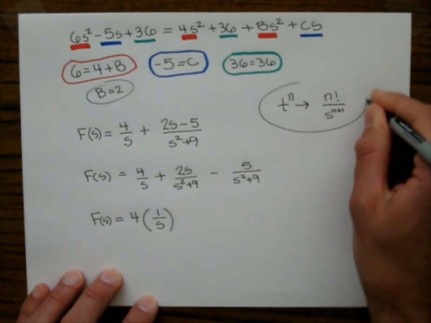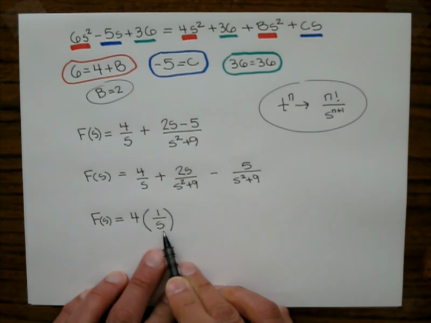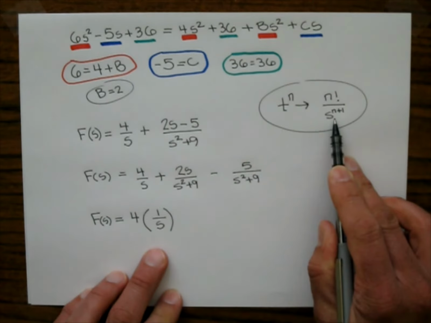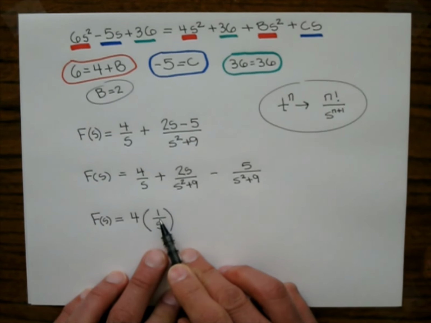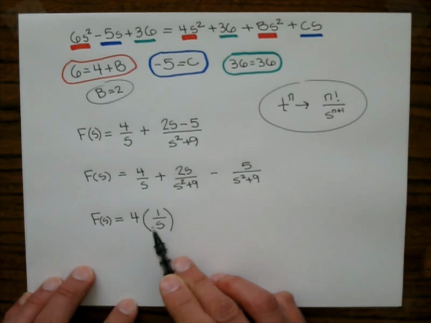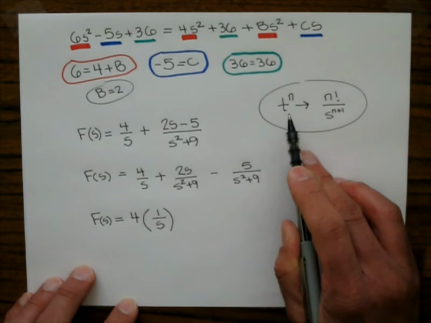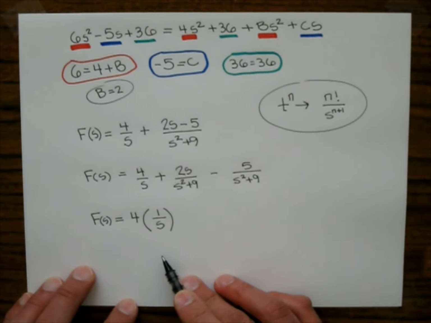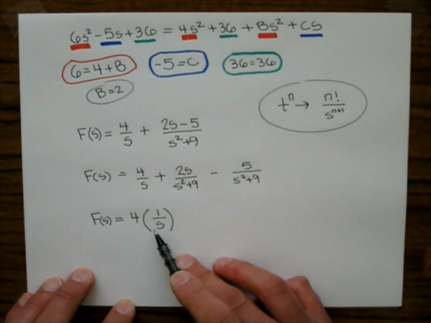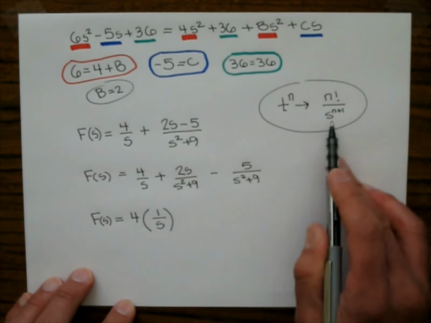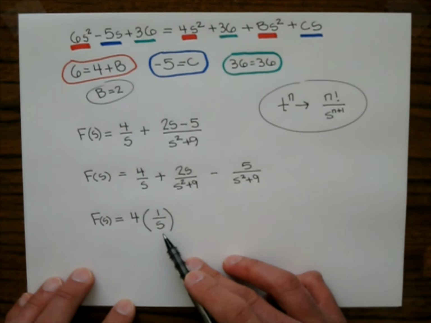That's a rule there. We have n is 0 in this case, and so you do have a 0 factorial. And so you know that this 1 over s, we're ready to inverse transform that, and that's actually just going to be t to the 0, which is 1. As you do more of these, you're going to just kind of memorize these a little better than always going back to the formula for something like this.